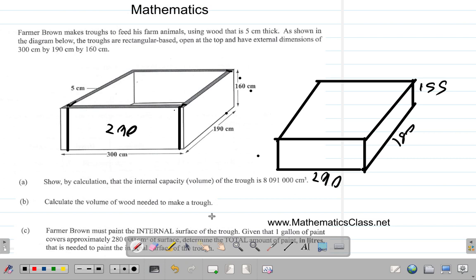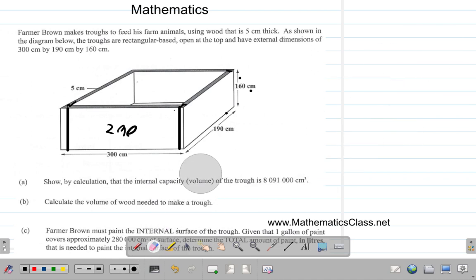Then calculate the volume of wood needed to make the trough. Alright. You do that for me now. Calculate the wood. Finish? Let me see what happens.